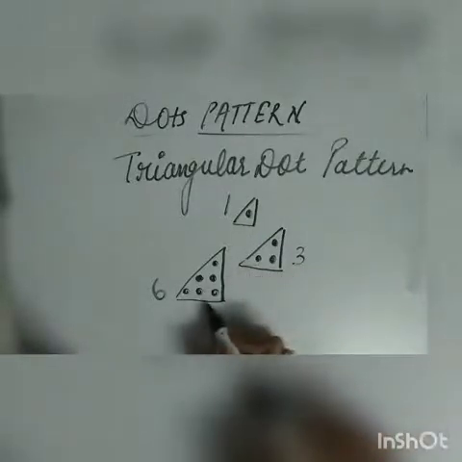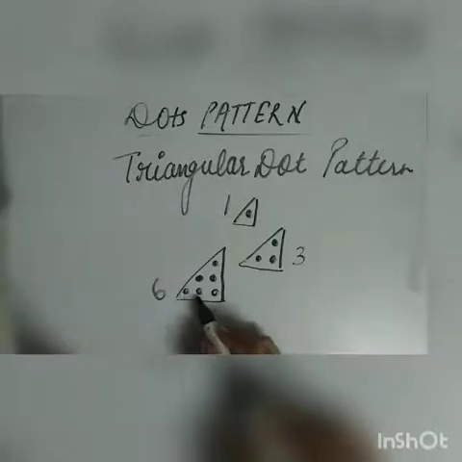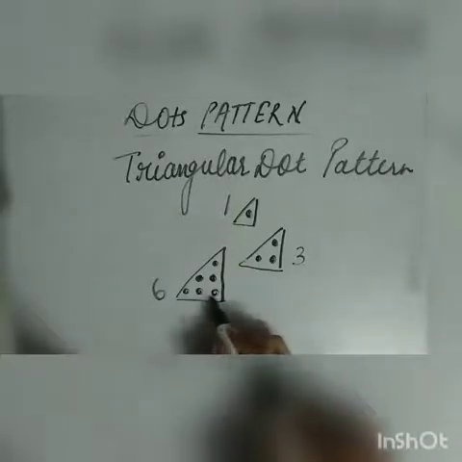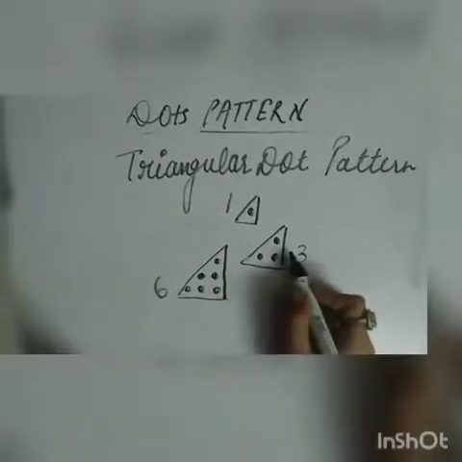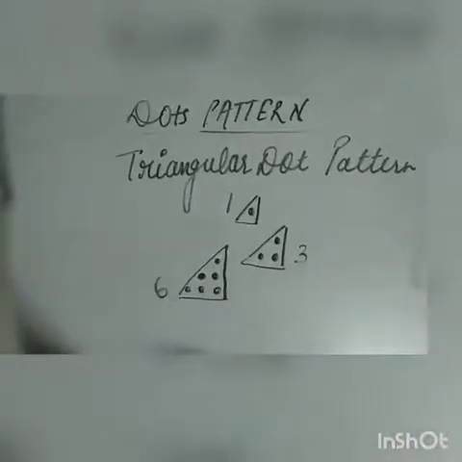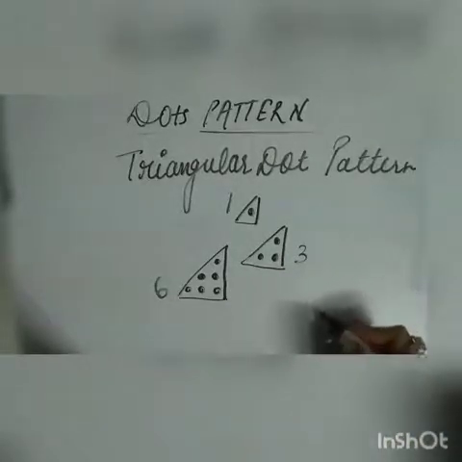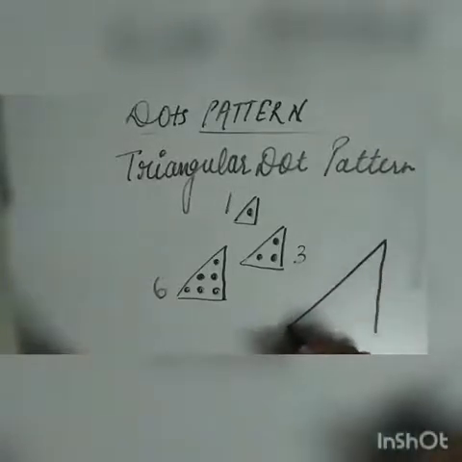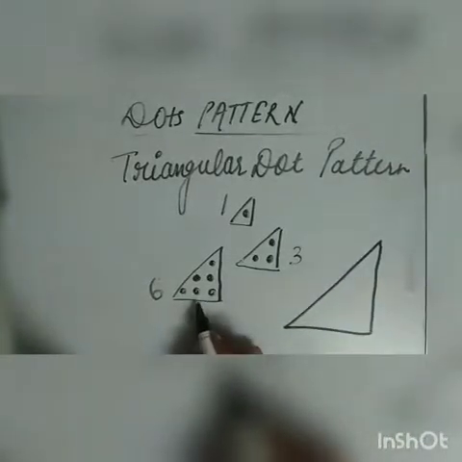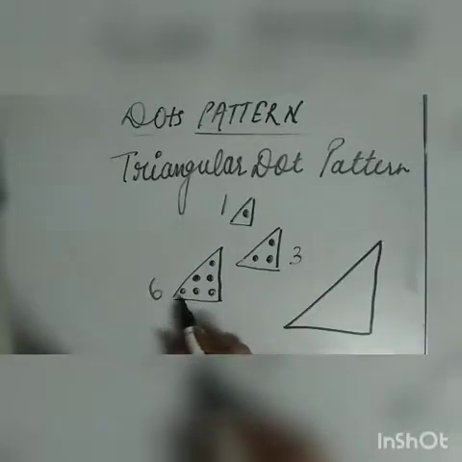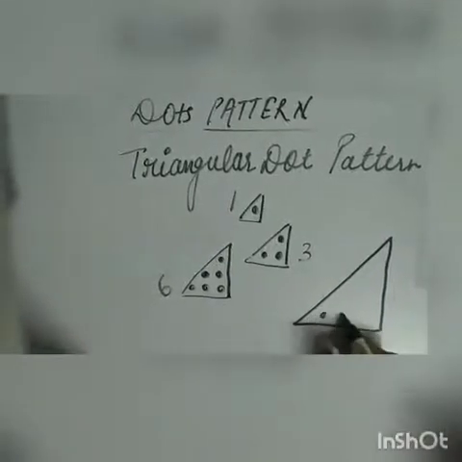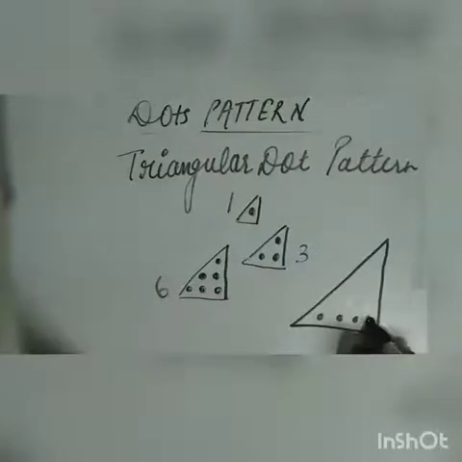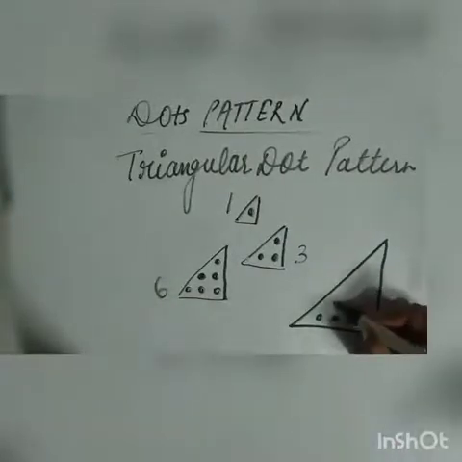The third triangle has another row with 3 extra dots as compared to the previous triangle. Similarly, in the next triangle, we have another row with 4 dots as compared to the previous triangle.